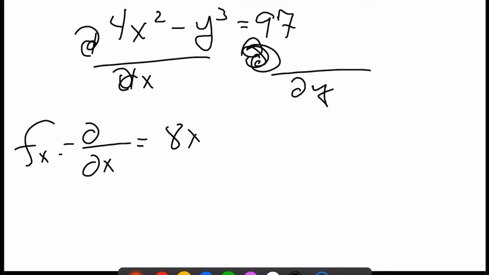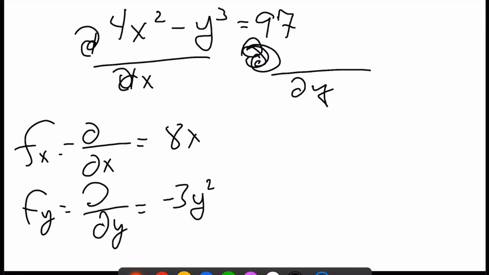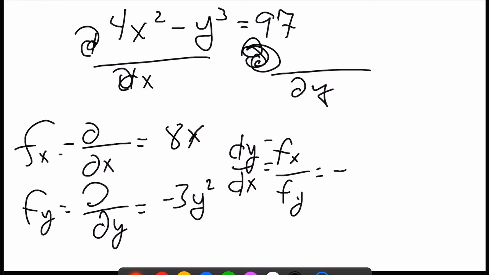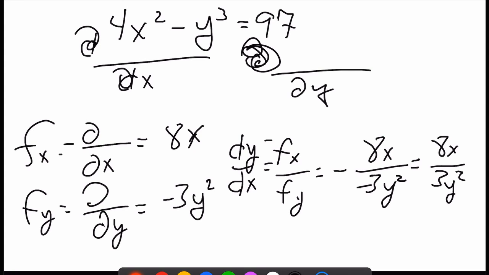And fy, the partial of this with respect to y, is minus 3y squared. And so dy/dx equals minus f of x over f of y, which is minus 8x over minus 3y squared, which is 8x over 3y squared. Fun? So that's the implicit function theorem.